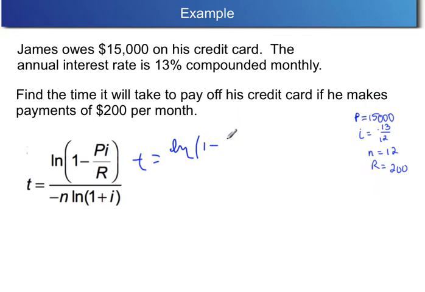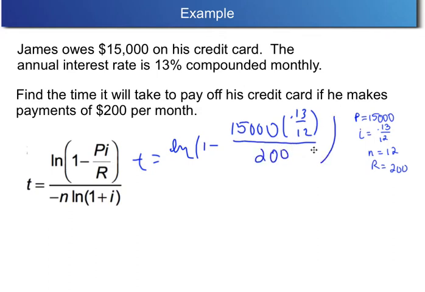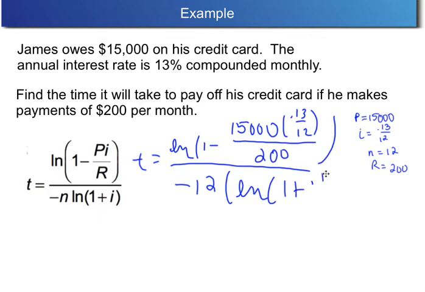So the natural log of 1 minus P, which is 15,000, times I, which is 0.13 over 12, all over my payment, which is R, 200, divided by minus n, the number of compounding periods, times ln of 1 plus I, 0.13 over 12. Okay, and then that's just a calculator problem. It's ugly, but you know, that happens sometimes.